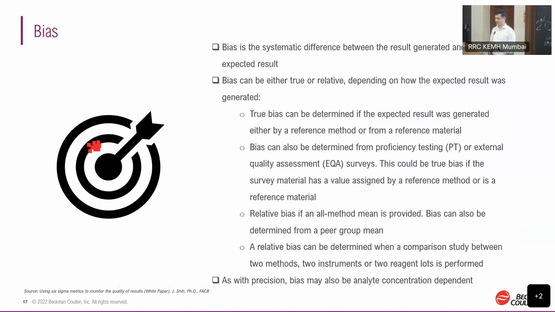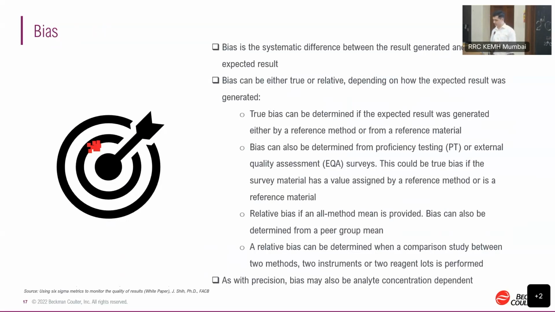True bias can be determined if the expected result was generated from the reference method. Also, bias can be determined from proficiency testing material, for which you generally get the Q value.